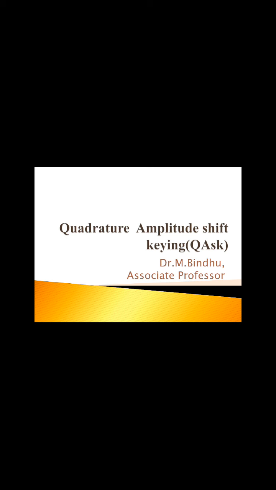Now we go to the next type of shift keying method, which we call quadrature amplitude shift keying. Quadrature means that a phase is definitely involved, and you are going to vary the amplitude also. So it is a combination of a QPSK system and an ASK system.